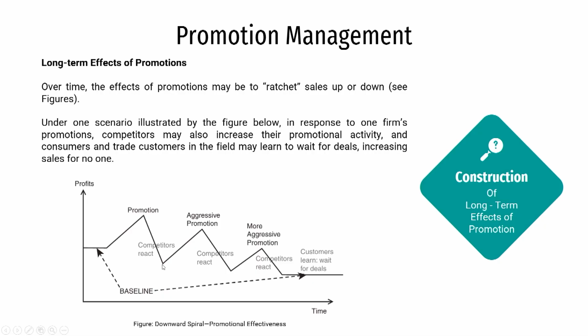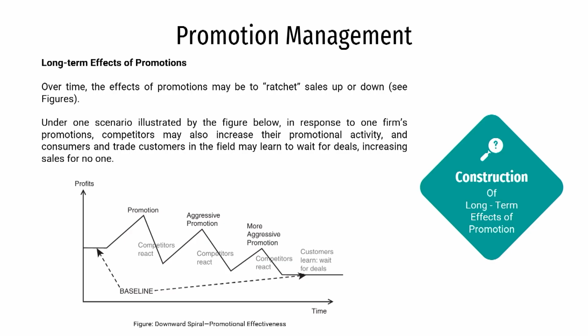Now, what are you going to do? My competitor is matching my promotion. So, that is why I will go with an aggressive promotion. Now, if you go with aggressive promotion, again you will get some more customers, and again the cycle will continue. The competitor will again react to your aggressive promotion, and probably your demand will again fall down.